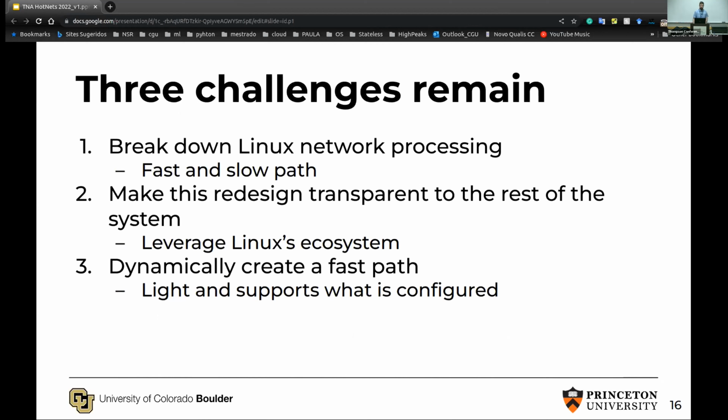However, we still need to address three high-level challenges to allow us to do this redesign. The first one is to figure out how to break down Linux network processing into a slow and fast path.